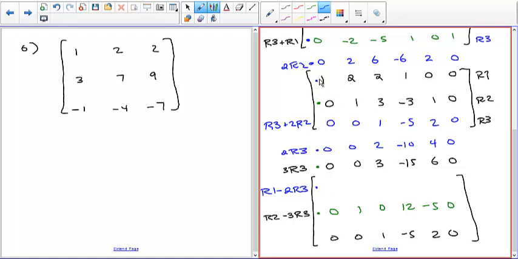So we're going to take this minus that. There's the minus sign. 1 minus 0 is 1. 2 minus 0 is 2. 2 minus 2 is 0. 2 minus 2 is 0. 1 minus a negative 10 is 1 plus 10, which is 11. 0 minus 4 is negative 4. 0 minus 0 is 0.